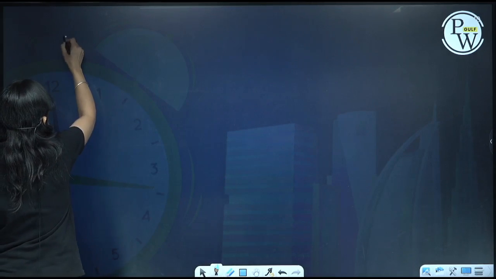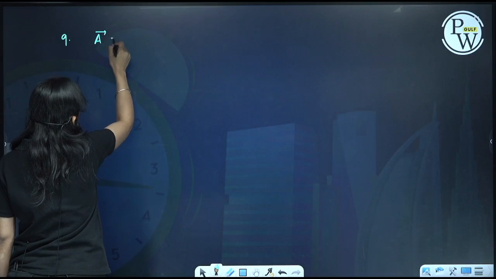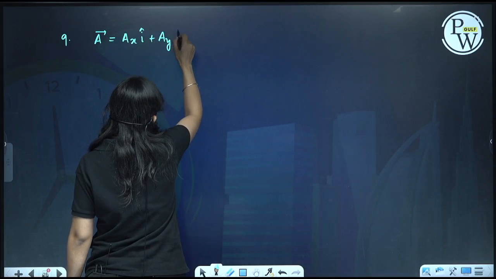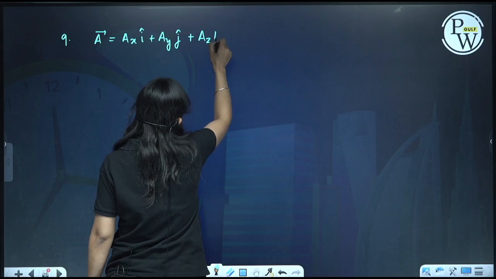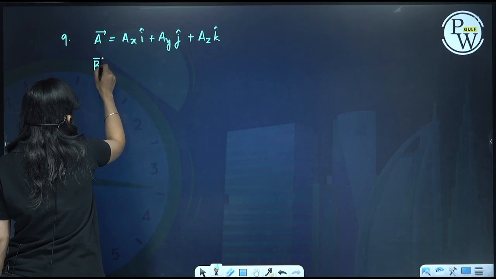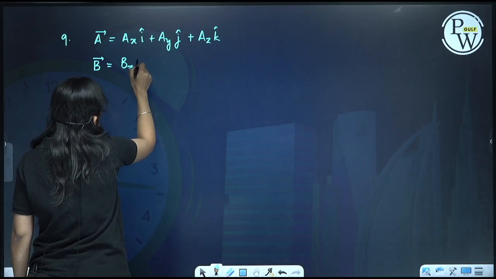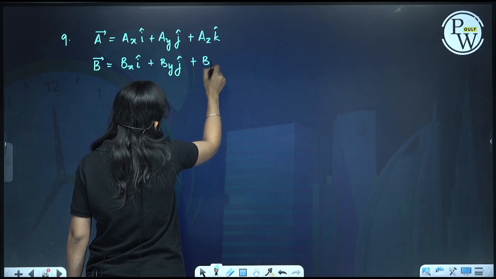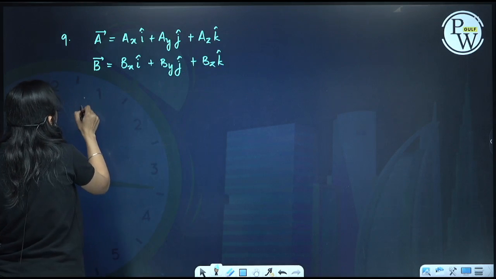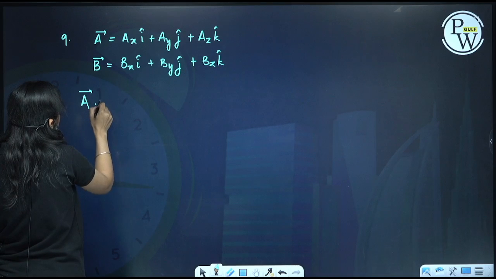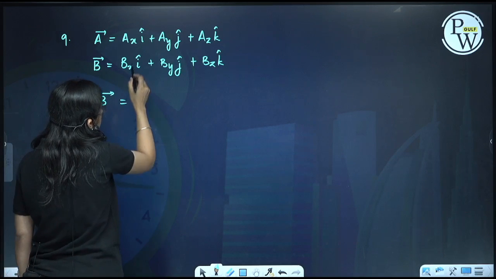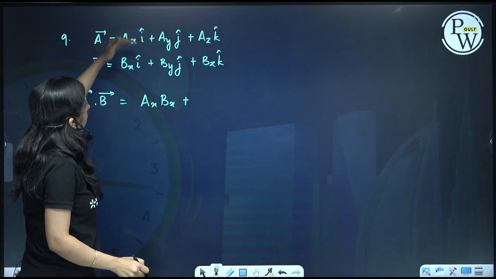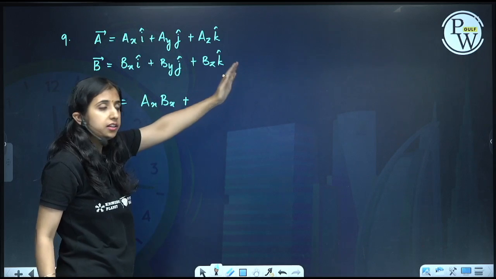Next, if we are given vectors in the Cartesian form, A vector is given as Ax i cap plus Ay j cap plus Az k cap, and B vector is given as Bx i cap plus By j cap plus Bz k cap, then I want to find A dot B. A dot B will be the multiplication of respective components. i dot i will become 1, i dot j 0, i dot k 0.